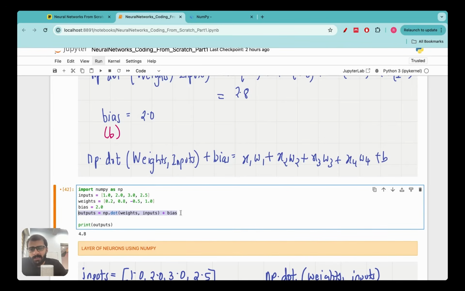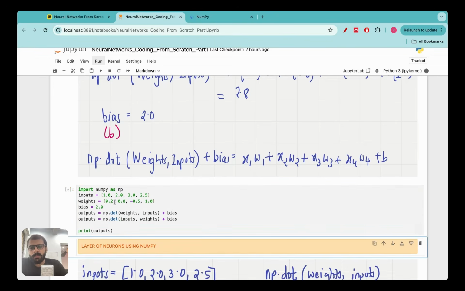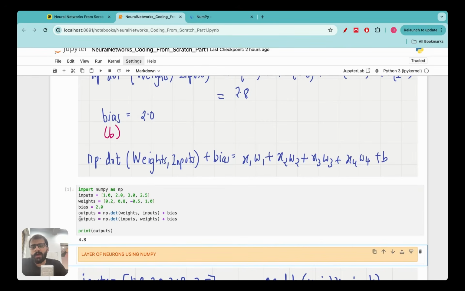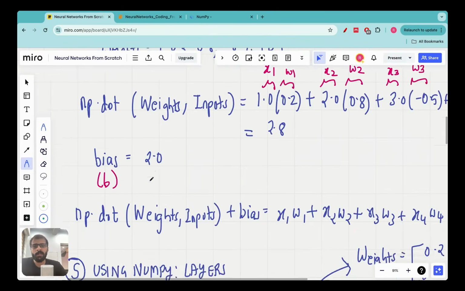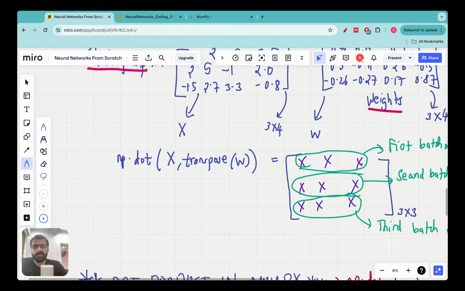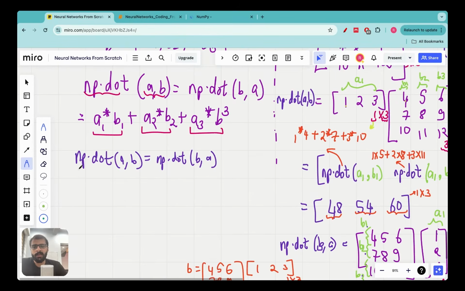So the output is the dot product between weights and inputs plus the bias. Remember that this same thing can also be written as the dot product between inputs and the weights. And why can this same thing be written? Because from what we saw in our first section of this lecture, when we take a dot product of a vector and a vector, np.dot(a, b) is the same as np.dot(b, a).